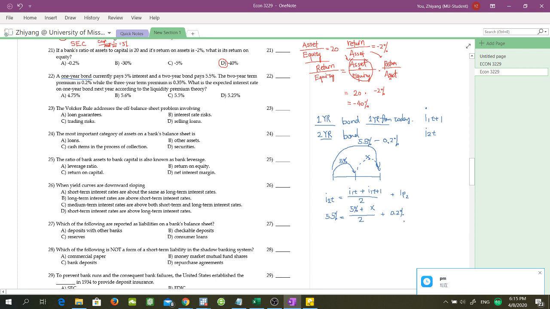That's exactly the same as solving this equation, where I move 0.2% to the left, which gives us 5.3% equals the average of 5% plus x. Eventually that tells me x equals, so 2 times 5.3% is 10.6%. So x equals 5.6%.